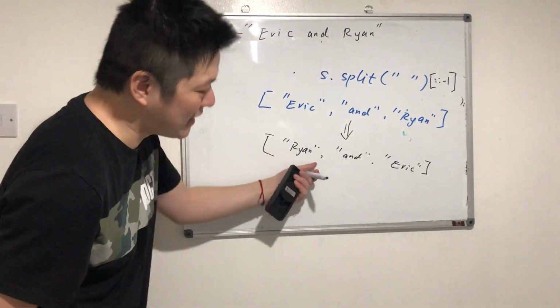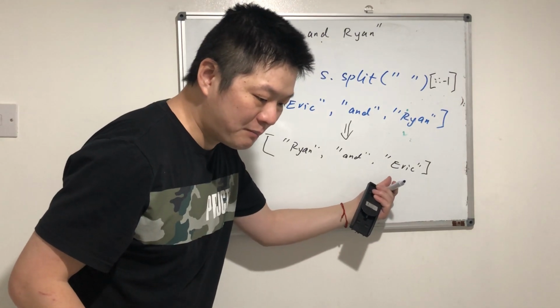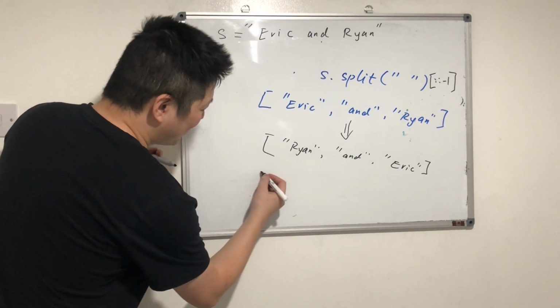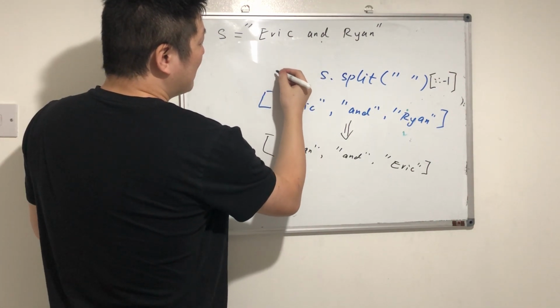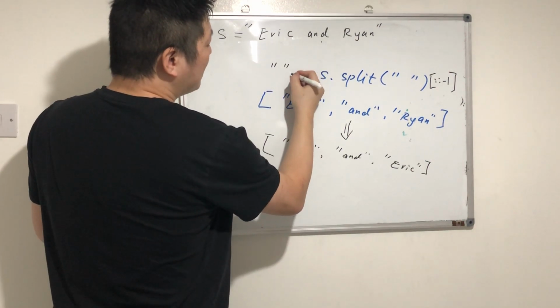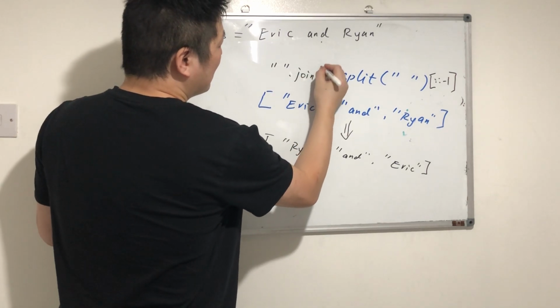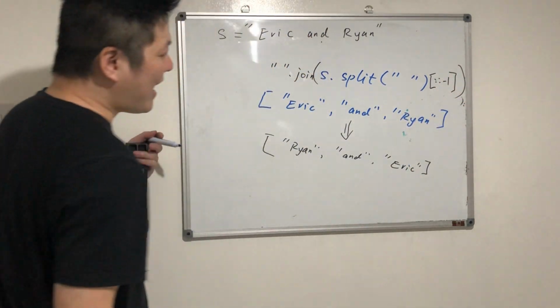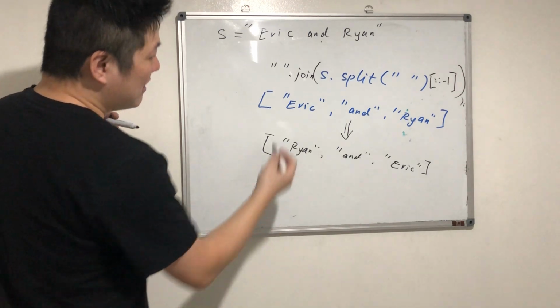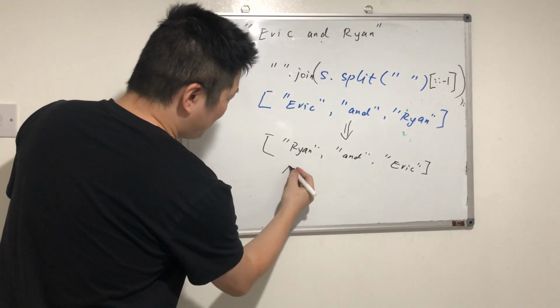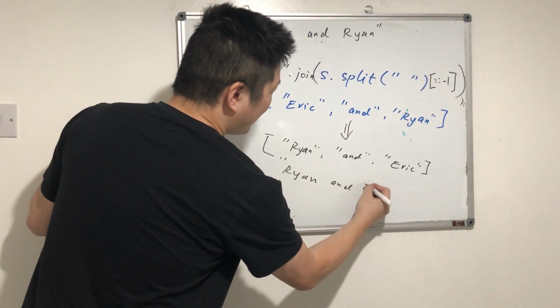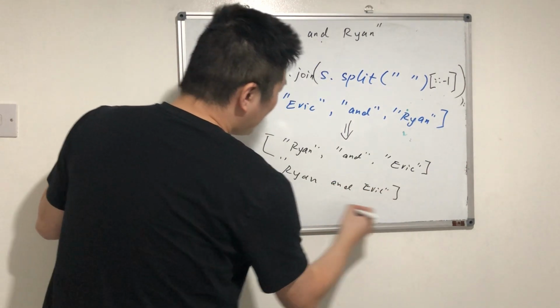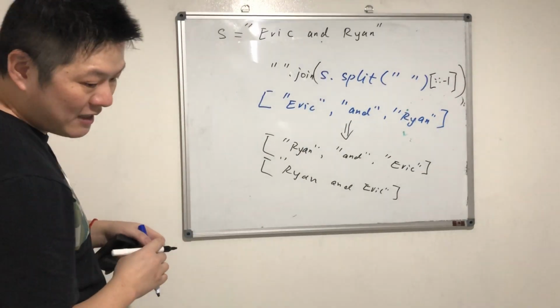Now I just need to connect these by space. So space dot join, and then you get Ryan and Eric. Got it?